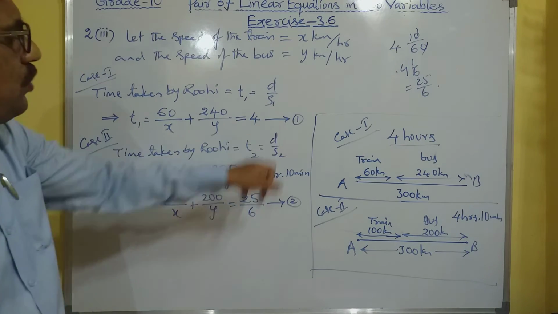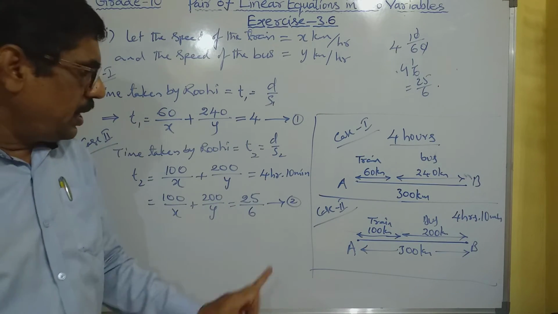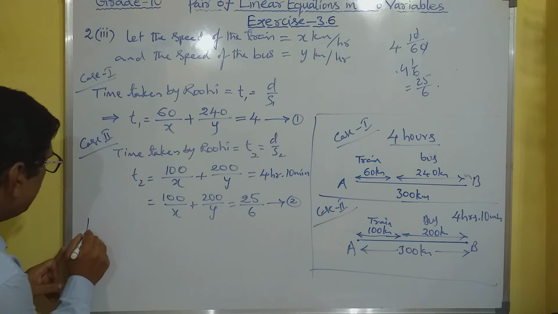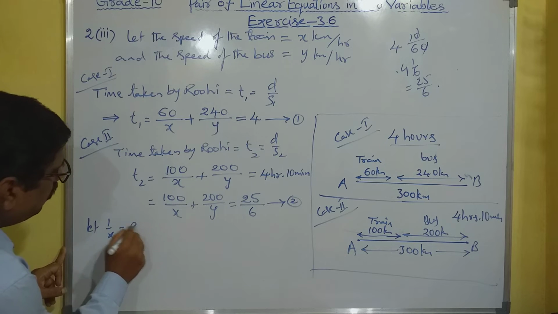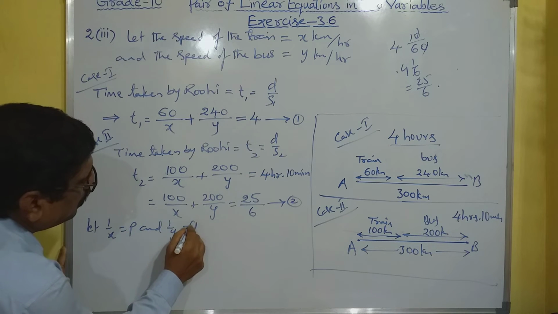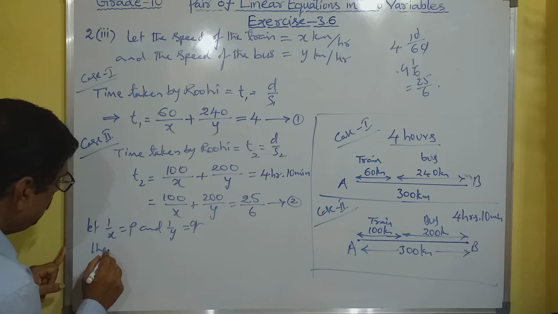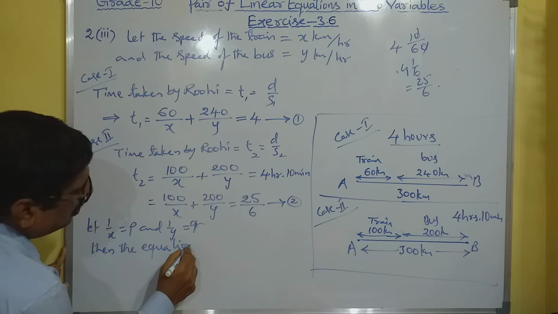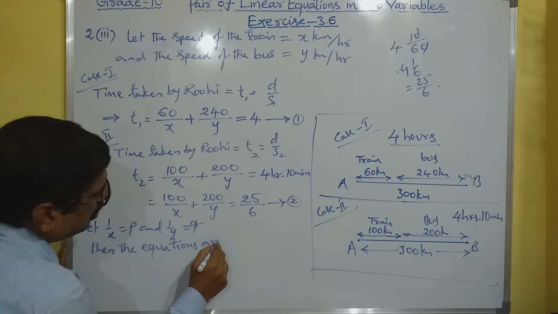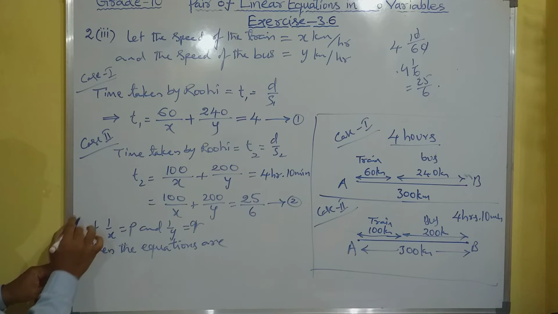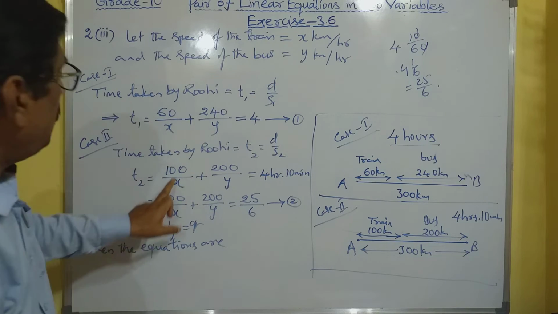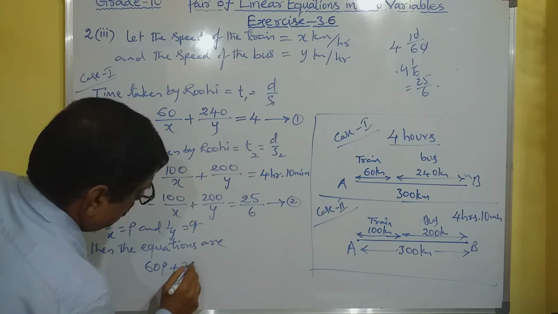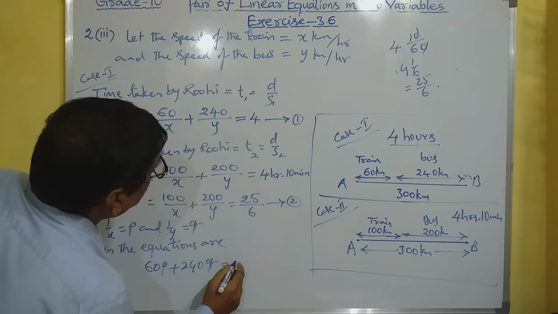Now, we observe these two equations 1 and 2. Here, the x and y are in the denominators. So we take 1 by x is equal to p and 1 by y is equal to q. Then the equations are 60p plus 240q is equal to 4.